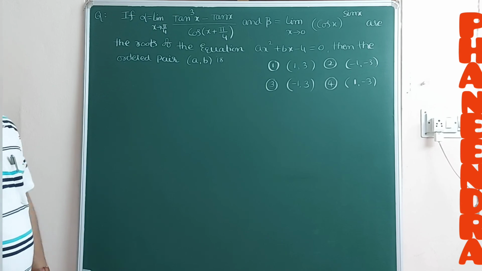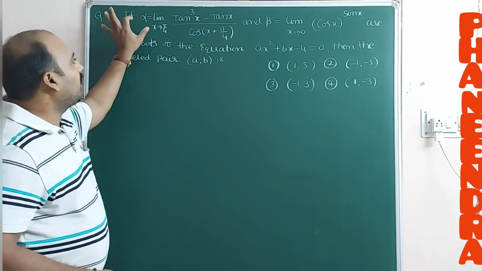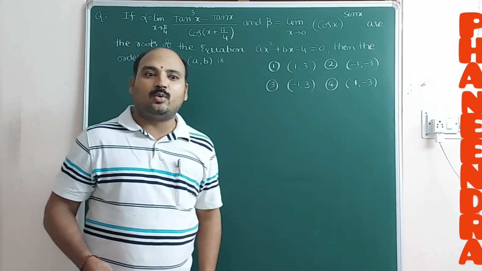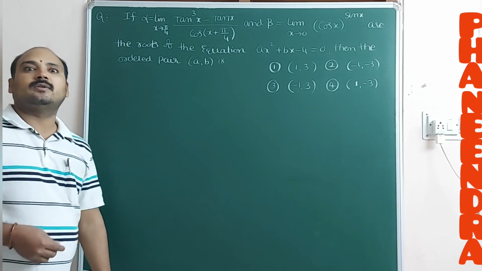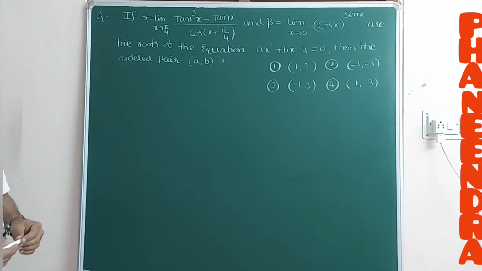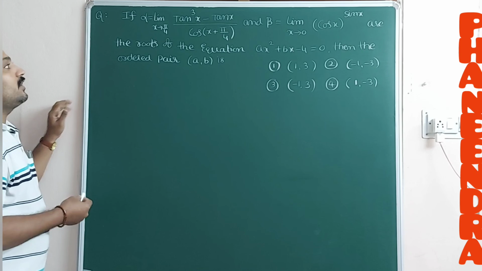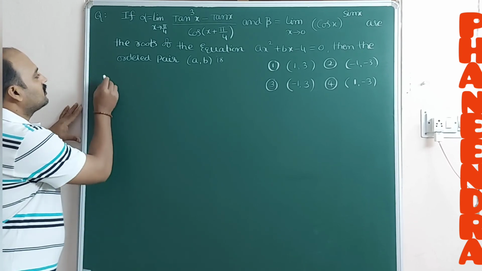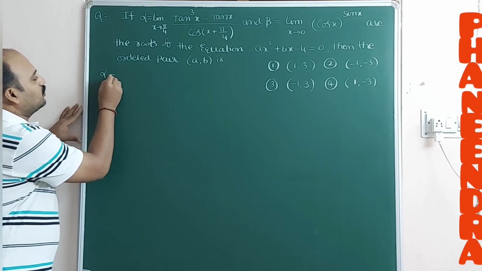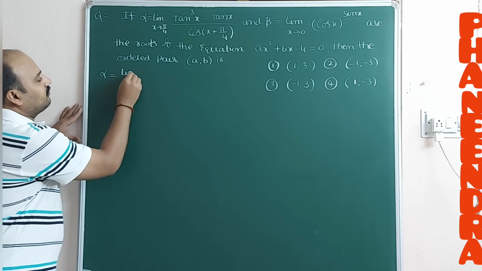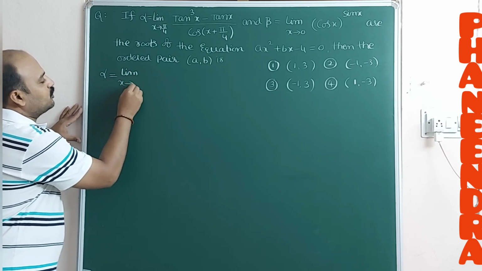So first we need to calculate alpha and beta values to get the quadratic equation.